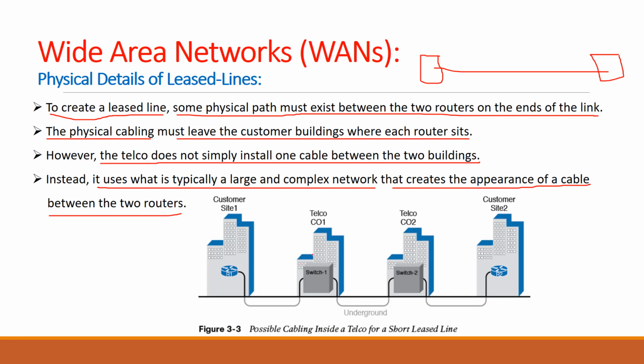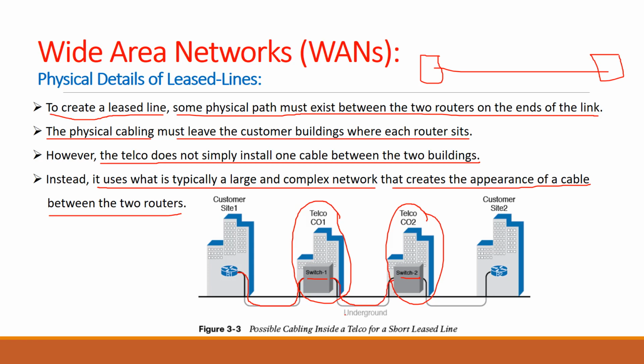Let's look at this figure. Telephone company 1 has a switch 1 and telephone company 2 has switch 2. The two routers at the customer sites: router 1 is connected to switch 1, and switch 1 is connected to switch 2.